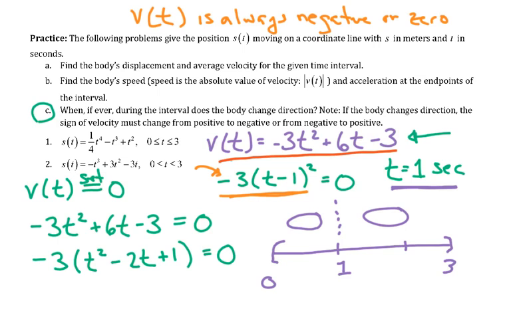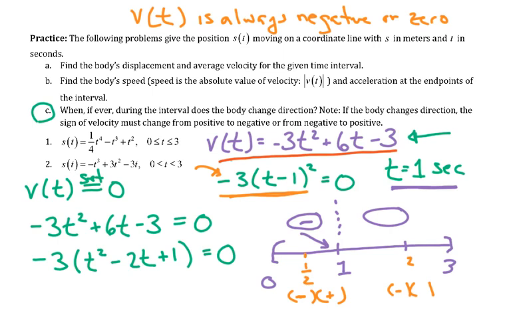So let's see what happens when we do our test intervals. I'm going to try 1/2 and 2. I have this -3, so I don't want to forget about that. Now, plug in 1/2, it's going to be positive. So overall, velocity is negative in here.